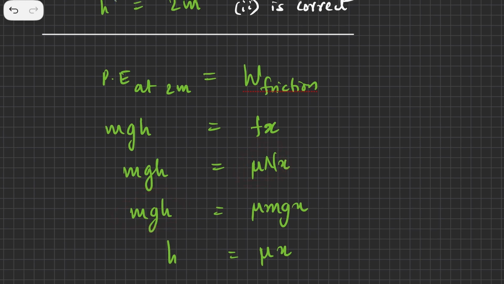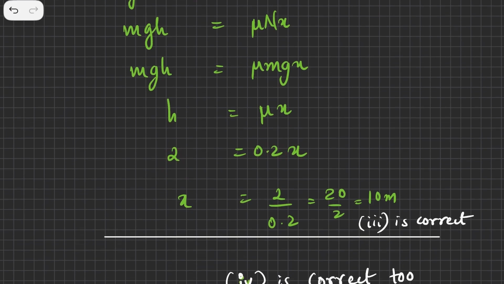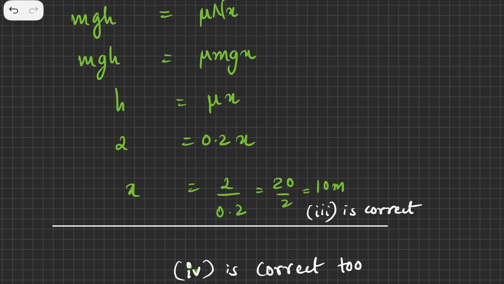Normal is mg. mg gets cut. h is equal to mu into x. So I get 2, that is from 2 meters it is falling, equals 0.2 into x. So x comes out to be 10 meters. So the third statement is also proven correct.